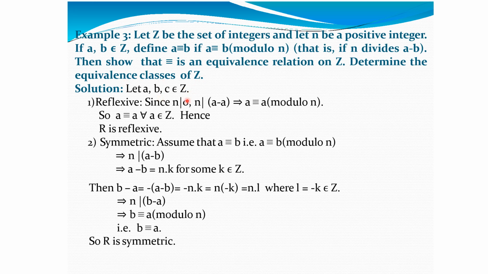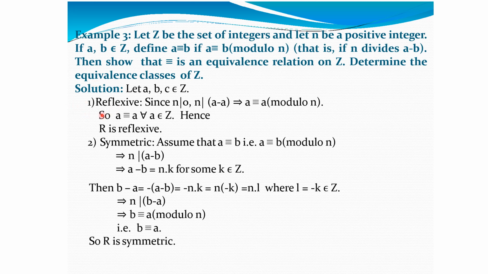So in all we require three elements of Z to prove these three properties. So let a, b, c belong to Z. Now first is reflexive. So we have to show that every element a in Z is related to itself. Now by definition, a will be related to a if a is congruent to a modulo n. That means n divides a minus a.